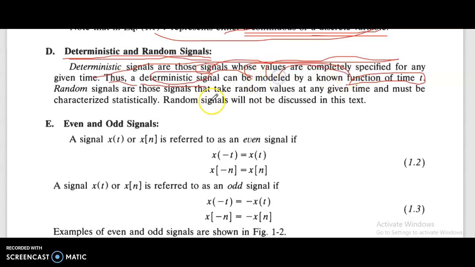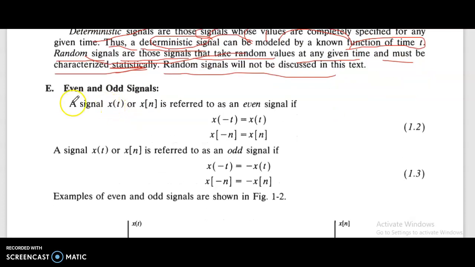Random signals are those signals that take random values at any given time and must be characterized statistically. Random signals will not be discussed in this text.